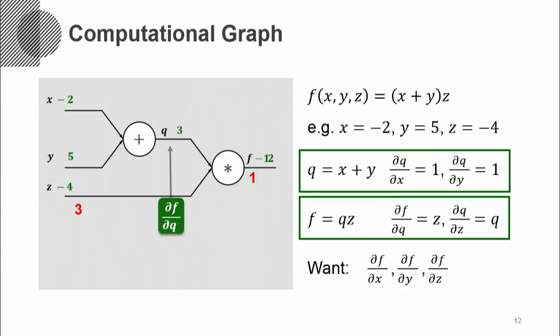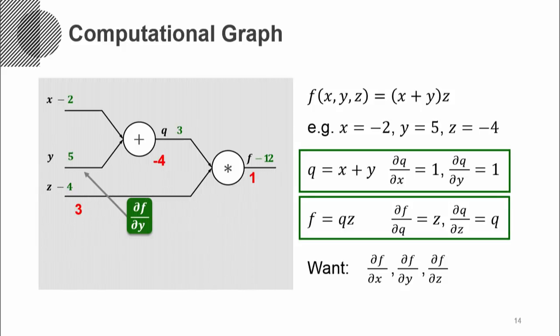And what about the partial derivative with respect to q? In this case, we have to look for this value, and it is shown as z. And what is the value of z? It was -4.